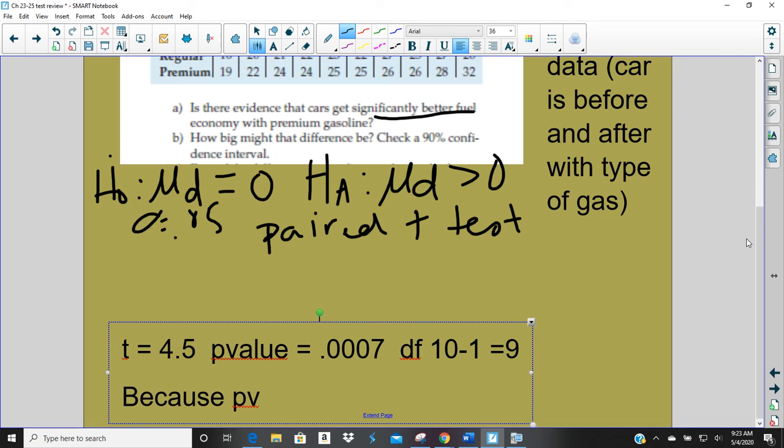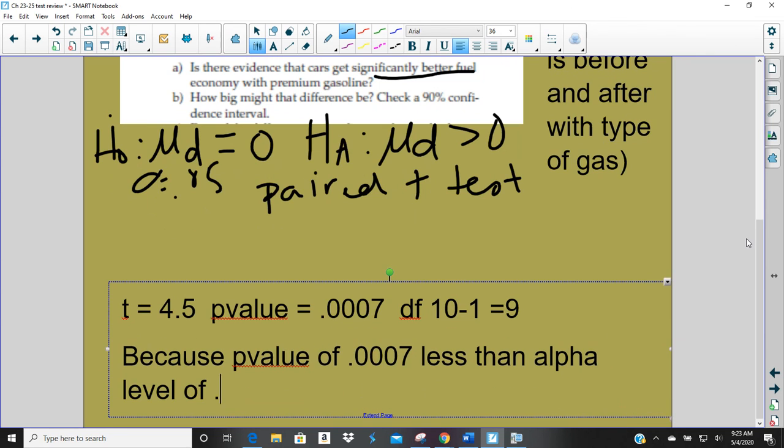Okay. So because the p-value of 0.0007 is less than the alpha level of 0.05, we reject the null hypothesis.